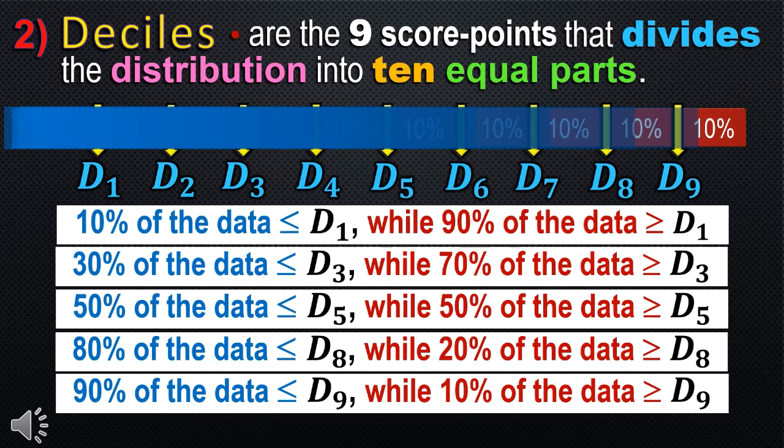Now, 90% of the data is less than or equal to decile 9, while 10% of the data is greater than or equal to decile 9.